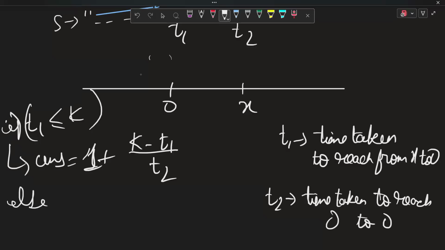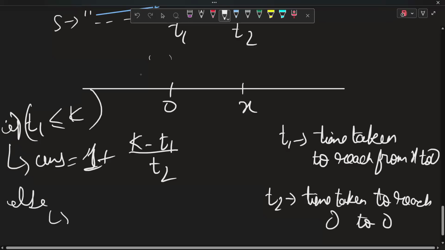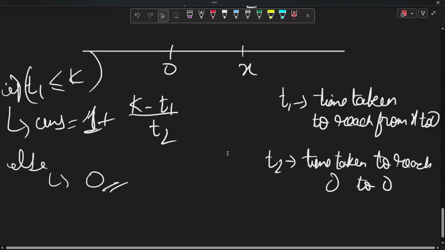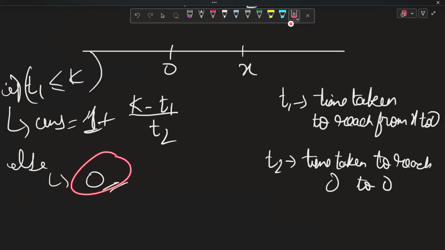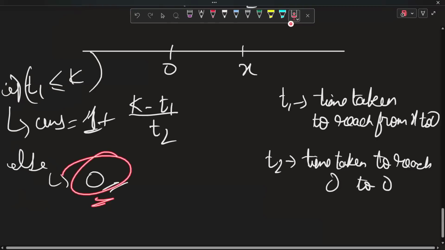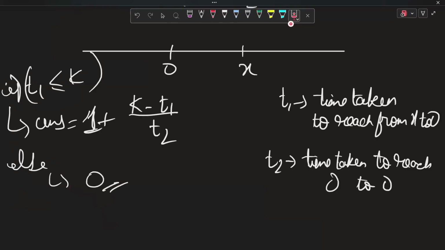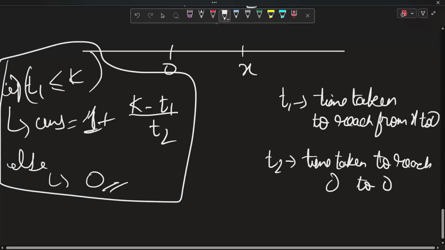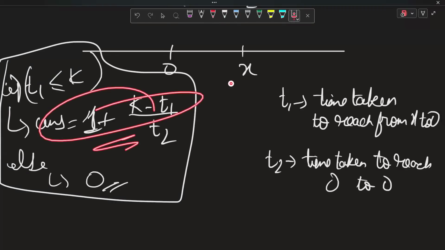And if this t1 is greater than k, then your answer is simply 0, because you cannot reach 0. You are reaching 0 after k seconds for the first time, so in k seconds you are not reaching 0 anytime. I hope now it is clear. So you just need to compute this t1 and t2, and you can write your answer like this.